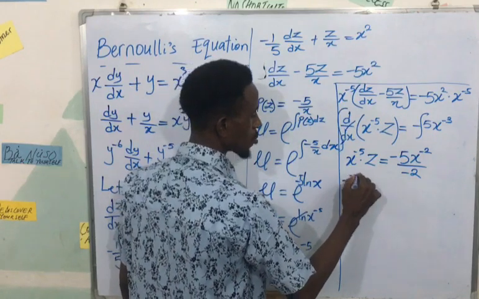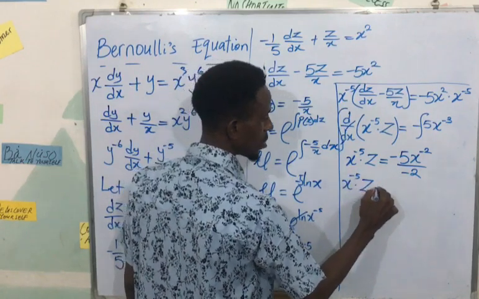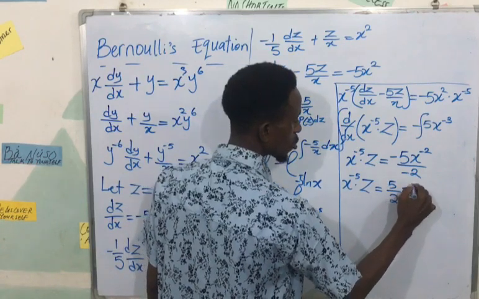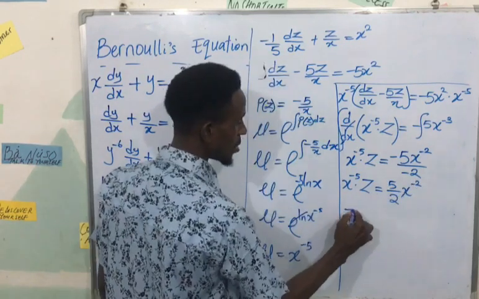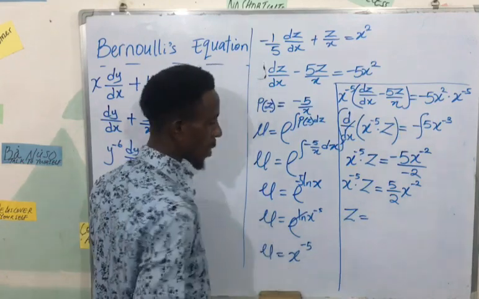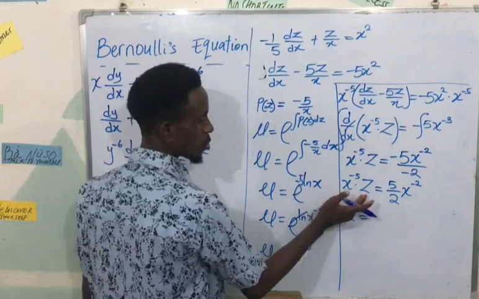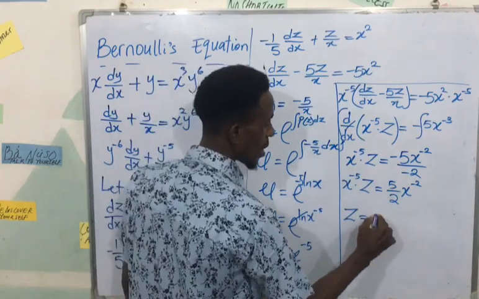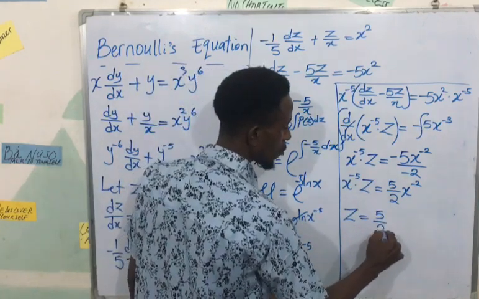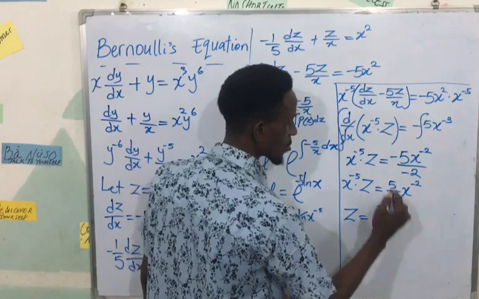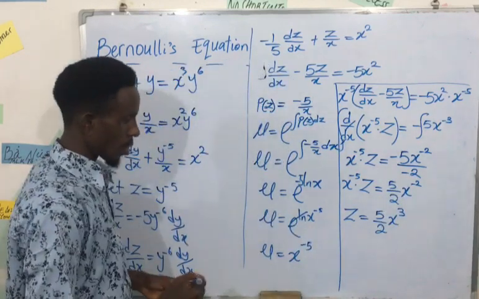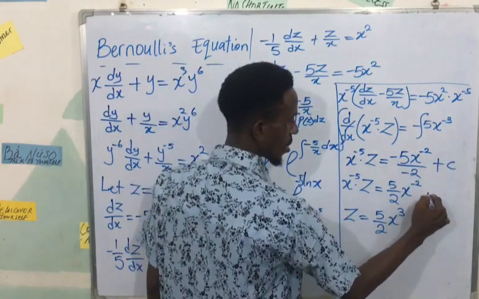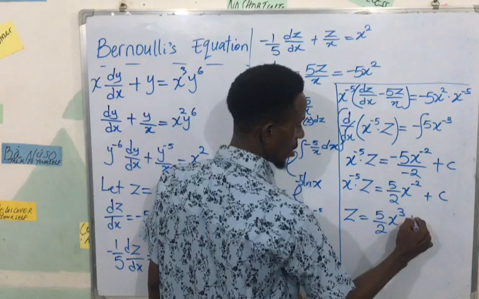So x raised to the power of minus 5 z is going to give me 5 over 2 x raised to the power of minus 2. It is my z that I'm looking for, right? So I'll just multiply all through by x raised to the power of 5. If I multiply it by x raised to the power of 5, I have 5 over 2 x raised to the power of 3. Okay, let me add my integrating constant here because it's very necessary.